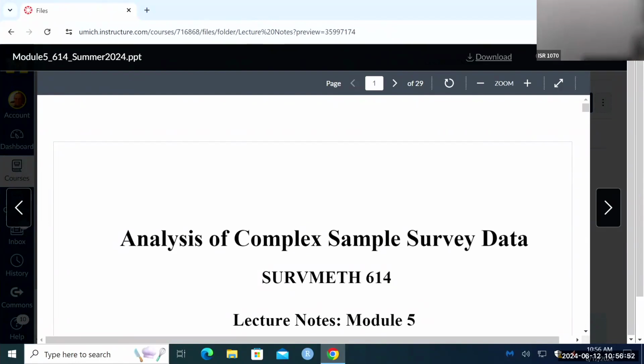You wrote jackknh, just take the h out. There are two Ks. Then say colon mean. So this is going to override the default of linearization and do the standard jackknife without calibration adjustments. But it's going to do it for all 2,692 clusters, so it's going to take a while when you run this.